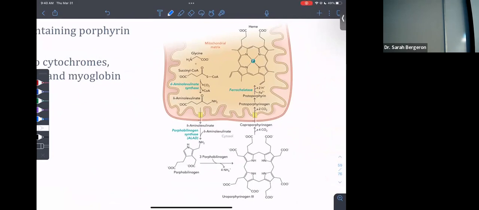Then we take that and turn it into a cyclic molecule. And then we combine four of those together. And now this is the core porphyrin ring. This is the very beginning of it. And then we make some modifications to this main ring structure to make our heme group.